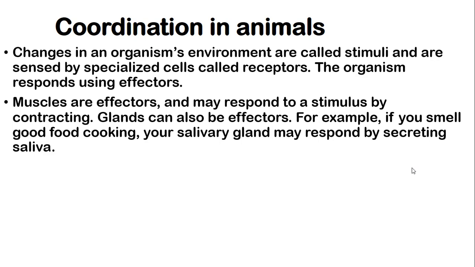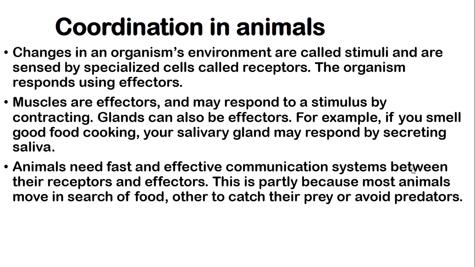So glands release secretions, and different types of glands have different secretions. Salivary glands produce saliva. The pancreas produces insulin, glucagon and pancreatic juice. So all the glands secrete chemicals.